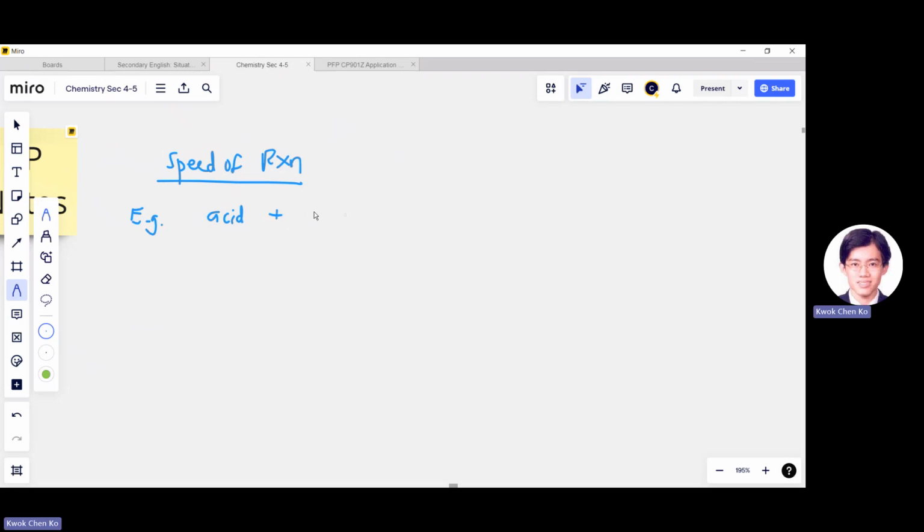Acid plus metal. Salt plus hydrogen. Yeah. Then the second kind, these are the two most common reactions under this chapter. There are others, but I'll tell you the most common one first.